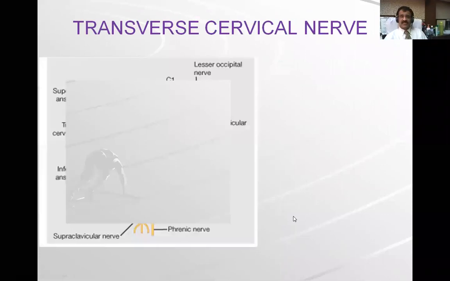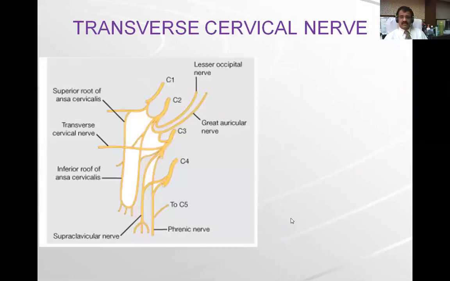Transverse cervical nerve is a branch of C2 and C3. You can see through this diagram. And plus you can see superior root of ansa cervicalis, and here you can see the inferior root of ansa cervicalis. So ansa cervicalis we have seen during the study of anterior triangle.